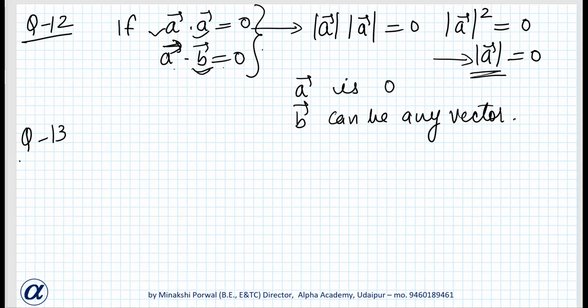Question 13. If A, B, C are unit vectors such that A plus B plus C equals 0, find the value of A dot B plus B dot C plus C dot A. It is given that A plus B plus C equals 0, and that A, B, C are unit vectors.